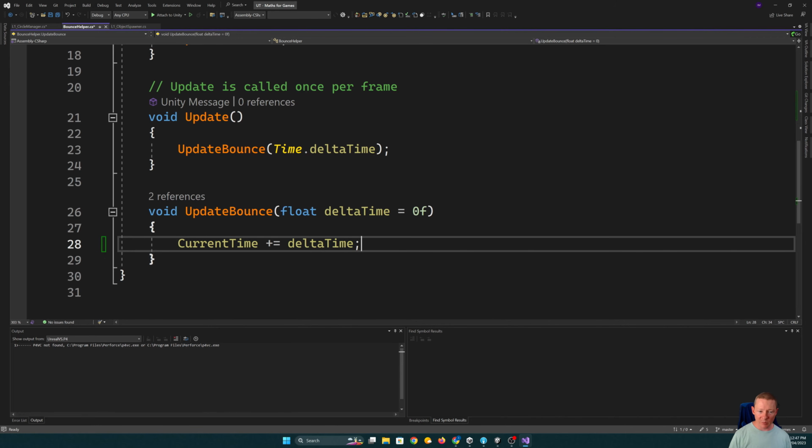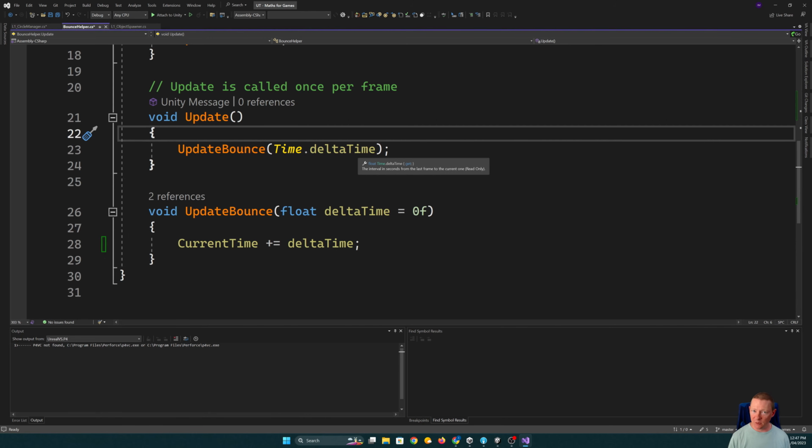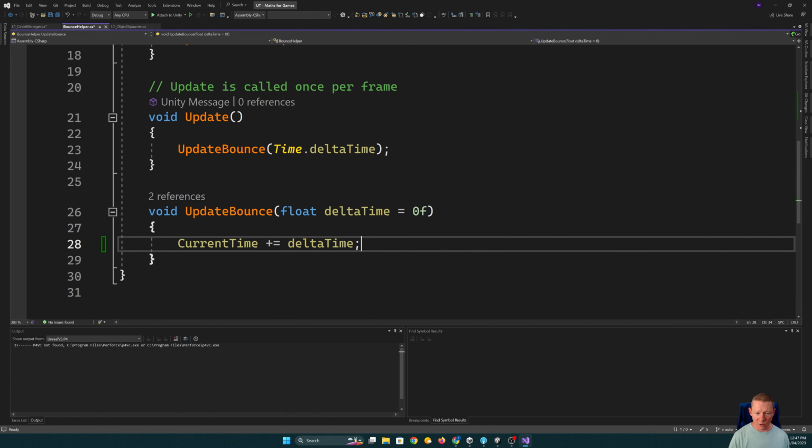The reason I pass it in here is so that if I wanted to scale up how fast time is going and do different things for different objects, then I can easily adjust that. So that's why I tend to not use Time.deltaTime except at the very top level of running these functions. I find it just makes things a little bit easier if I'm doing fancy effects later on.